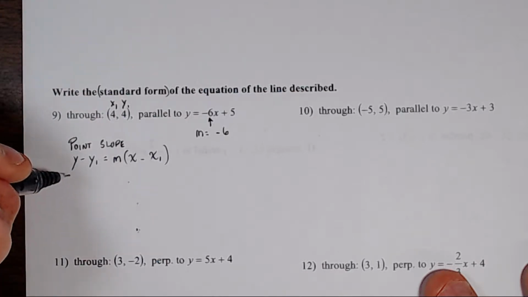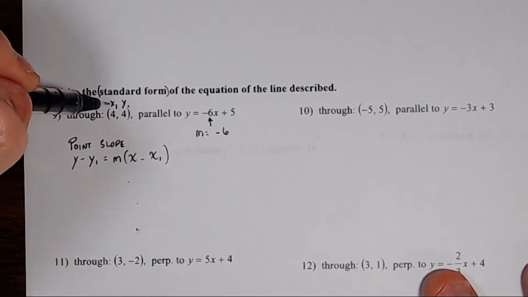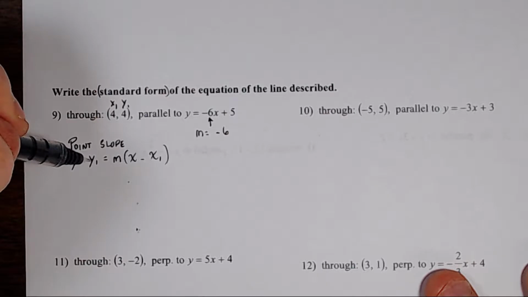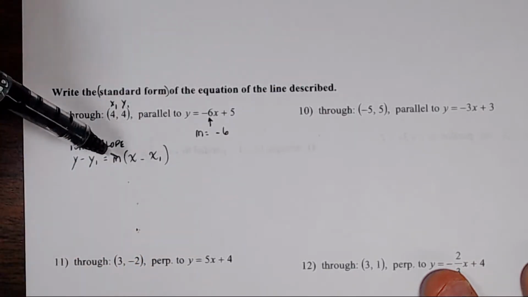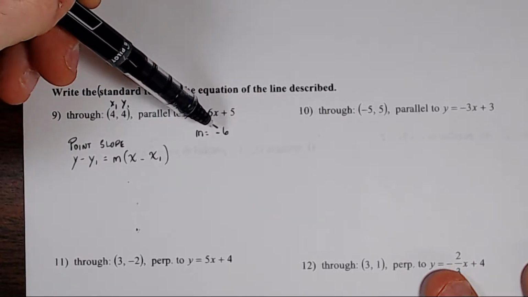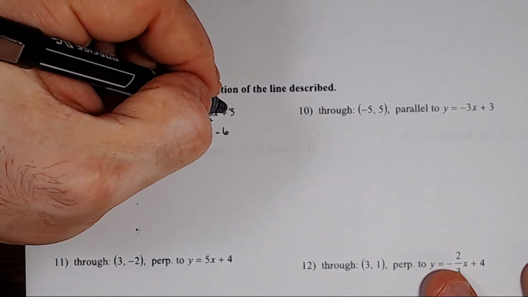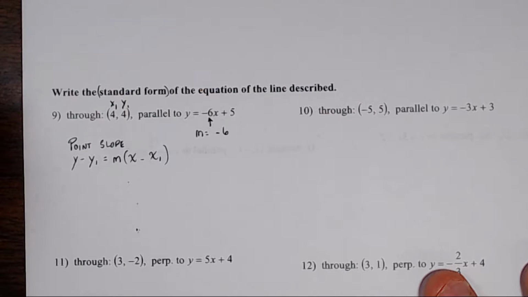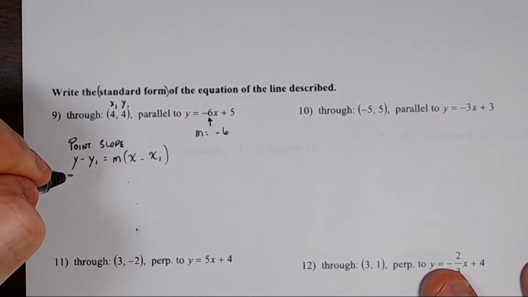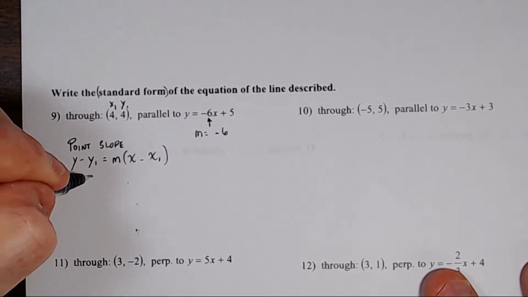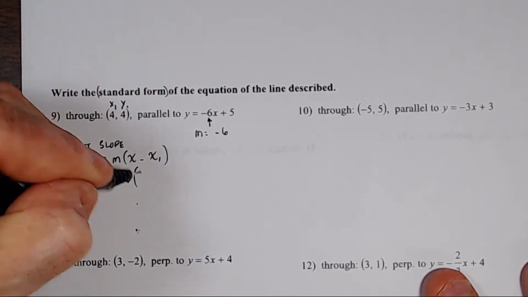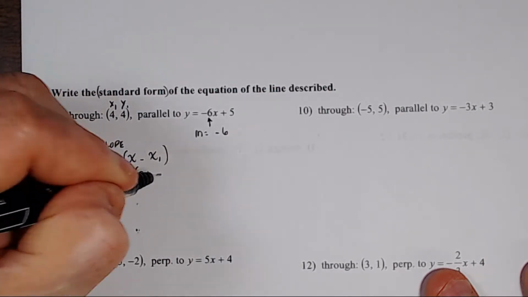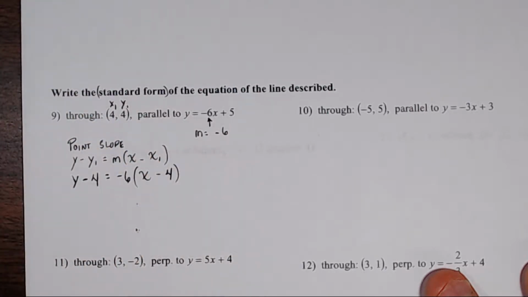So when I substitute in my values, we're going to substitute in y1 right here, x1 right there, and for slope m we'll use negative 6, which we found already. We don't need this y-intercept anymore. So I'll substitute in y minus 4 equals negative 6, open paren, x minus 4, close paren.